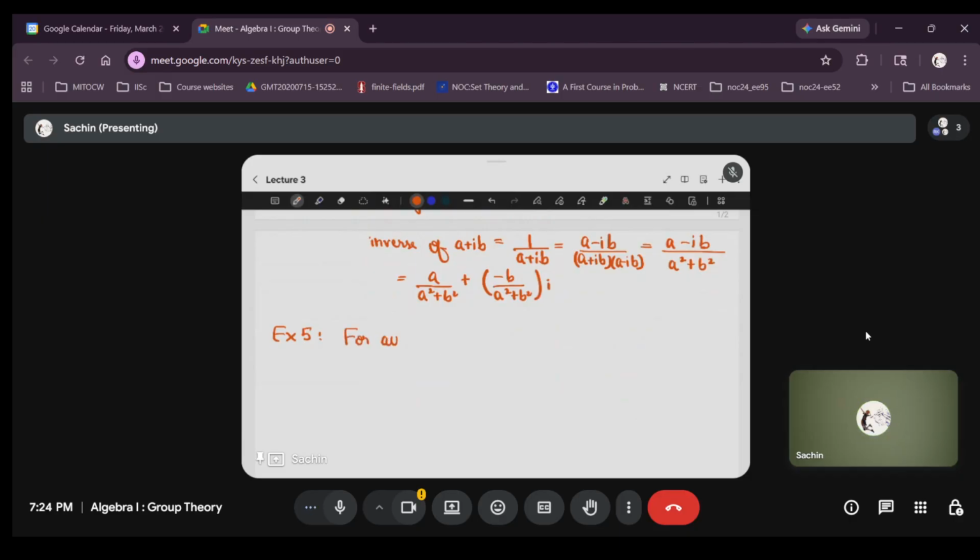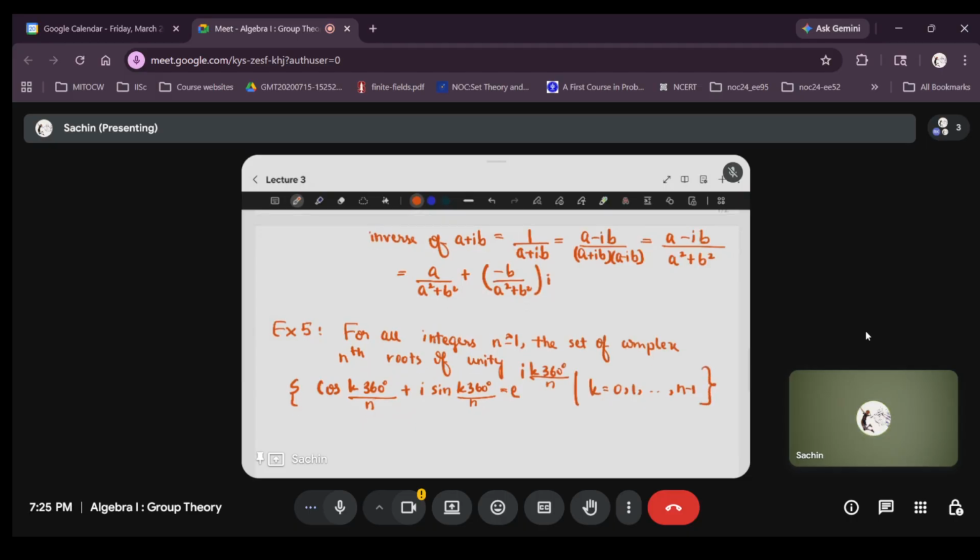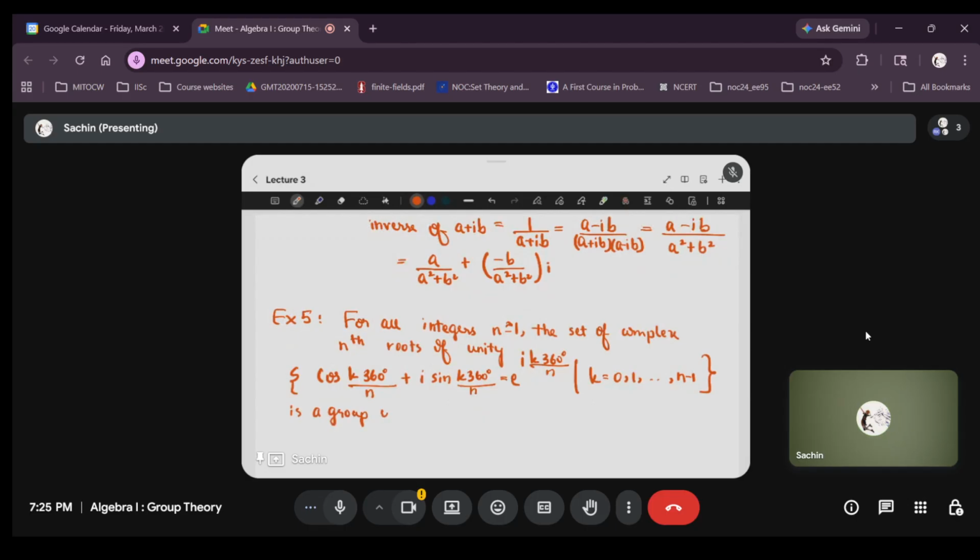So for all integers n greater than or equal to 1, the set of complex nth roots of unity, which can be written as cosine of k into 360 degrees by n plus i sine of k into 360 degrees by n, which can also be written in the form e power i k 360 by n, for k going from 0, 1 up to n minus 1, is a group under complex multiplication.